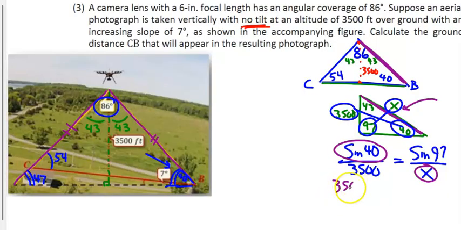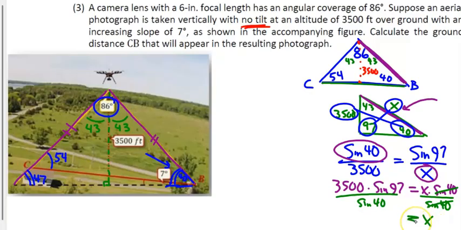So 3,500 times the sine of 97 degrees is equal to x times the sine of 40. Divide both sides by the sine of 40, so we can get x by itself. So x, which is the purple segment, will equal 3,500 times the sine of 97 degrees divided by the sine of 40. So that length is 5,404.447.